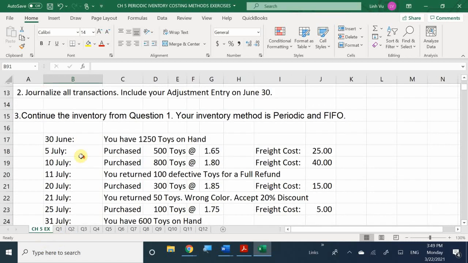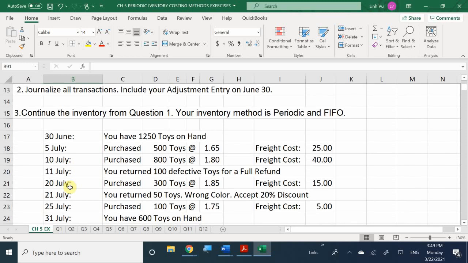So let's look at the scenario here. On July 5th, I purchased 500 units at $1.65 each, with the freight costing me $25. Okay, so 500 toys at $1.65. So again, from here on out, everything that we journalize is going to be rinse and repeat.